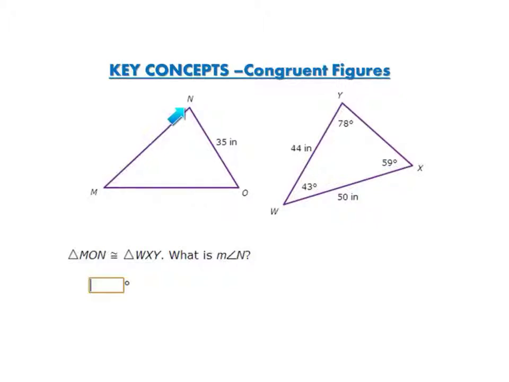That's this angle right here. So N is my third letter in the triangle. And so I'm looking for the third letter in the other one, which is Y. I look at the measurement of Y. That's 78 degrees. So the measurement of angle N must also be 78 degrees.